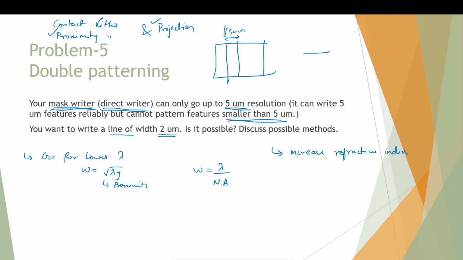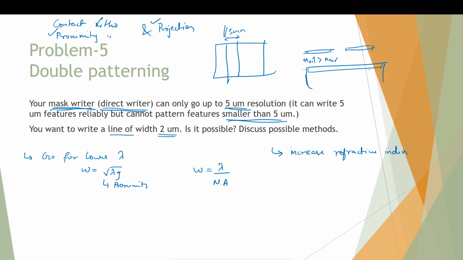As we just discussed, in proximity there will be a mask, and below the mask we will keep our substrate on which we want to write something, maybe some layer and some stack. In between these two, if we put some material of higher refractive index, say earlier it was n equal to 1, now I have something like water or oil, n oil is greater than n air. So it is a higher refractive index.